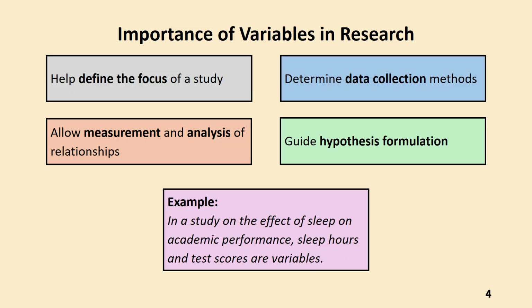Let us take an example. You can see here on the screen. In a study on the effect of sleep on academic performance, sleep hours and test scores are variables. This is significant and important also, that when you form your research problem, tentatively also, when you are in a very initial phase of forming your research problem, it is very important, learners, to understand and identify that within your research problem, what are the variables it contains.